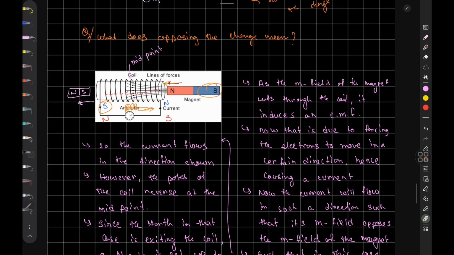So whenever you see maximum change in flux linkage, that is in one position, very little field lines are being cut, and in the next instantaneous point, most of the field lines are being cut.